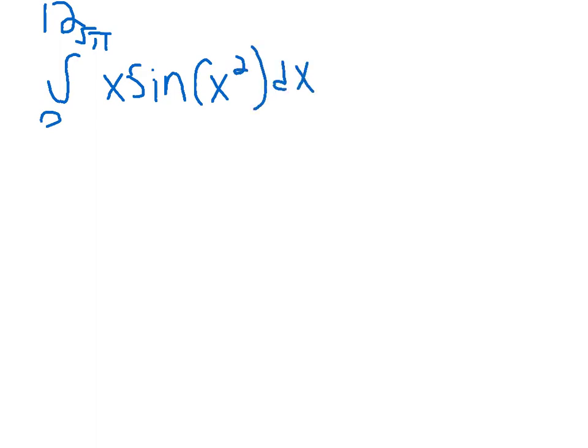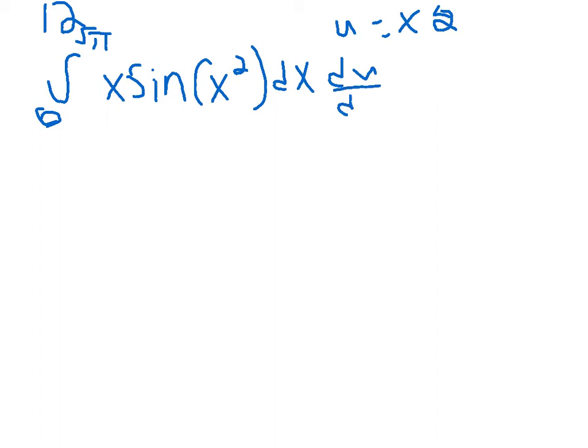Now the first step of solving this definite integral is find u, du dx, and du. So first of all, u equals x squared because it's the inside function. Hope you can read it.